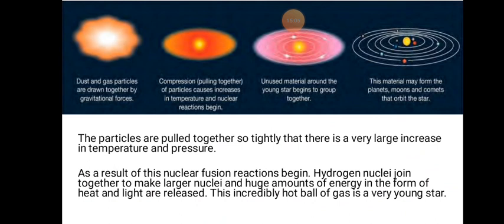That is, hydrogen nuclei join together to form a helium nuclei, and a huge amount of energy in the form of heat and light is released. So this incredibly hot ball of gas is now a very young star. This happens because of the fusion reaction.